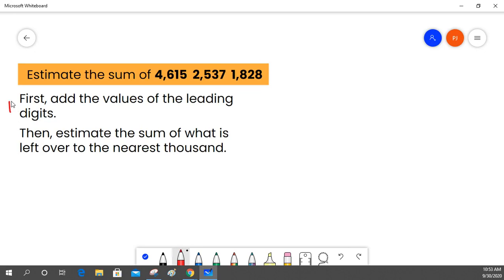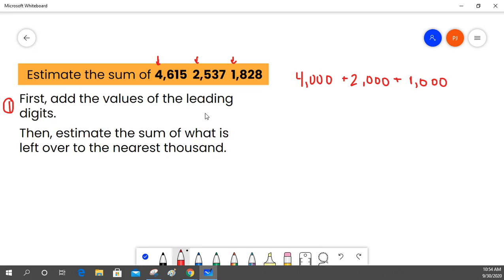My first step is to add the values of the leading digits. Here are my leading digits: 4, 2, and 1. So the value of that 4 is 4,000. The value of this 2 is 2,000. And the value of this 1 is 1,000.